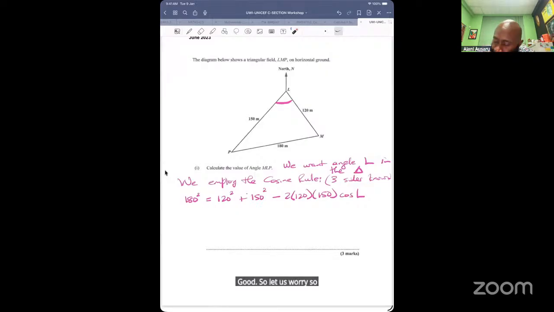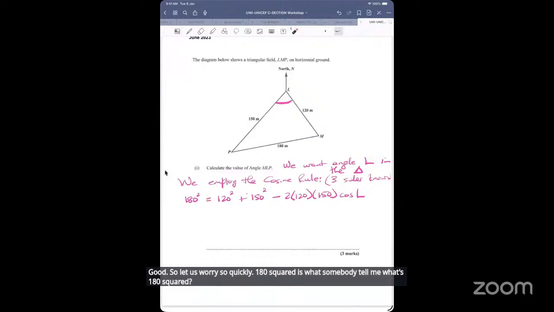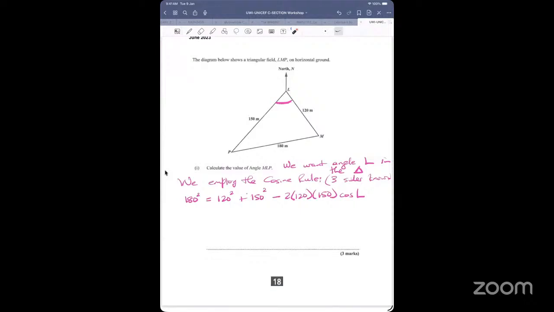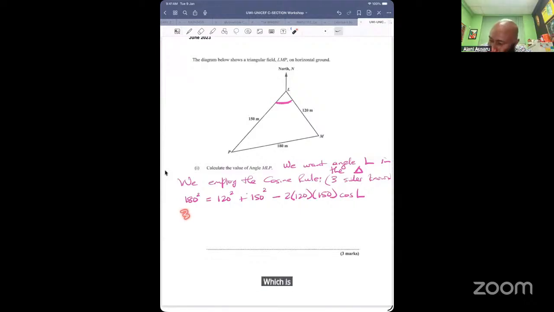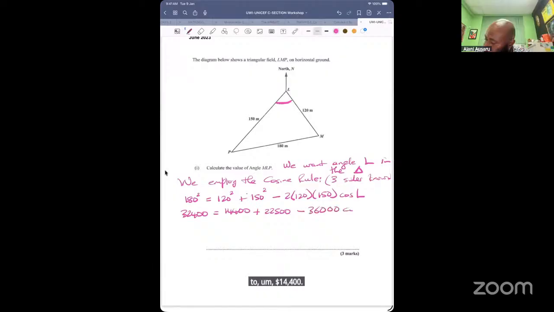What's 180 squared? 180 times 180 is 32,400, equal to 120 squared, 14,400, plus 150 squared, minus 2 times 120 times 150 times cos L. Let's do our maths.